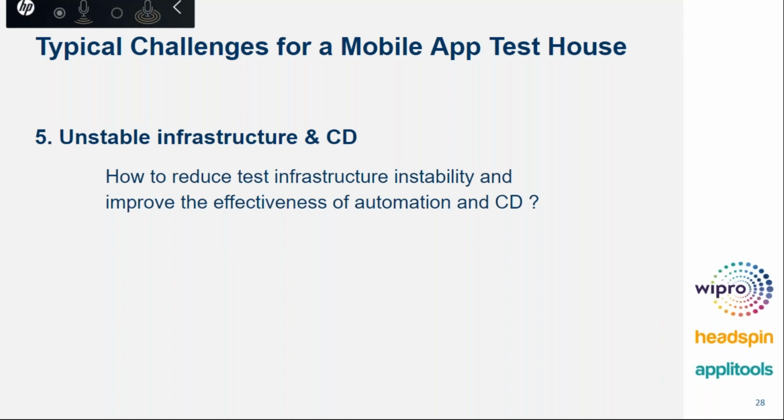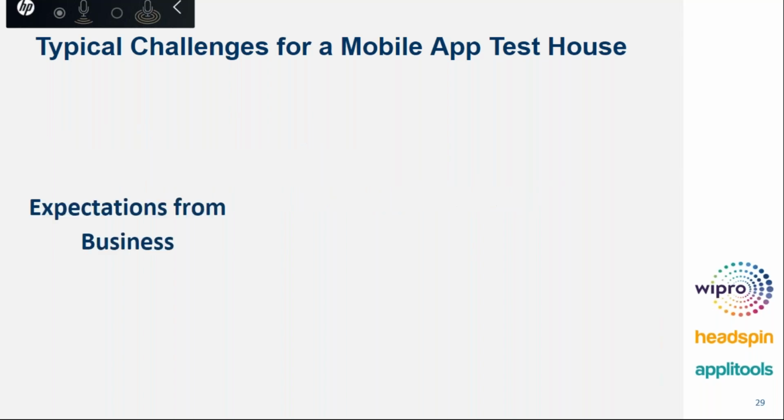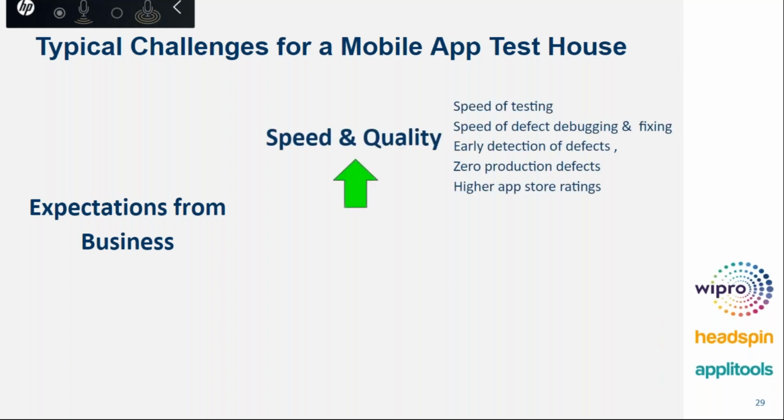Hence, the challenge is how to reduce the test infrastructure instability and improve the effectiveness of automation and your continuous delivery. Now, the interesting part is that even if you have all these challenges and this wide landscape to cover, the business always demands faster testing and increased quality. And of course, all this has to be done with a reduced cost.